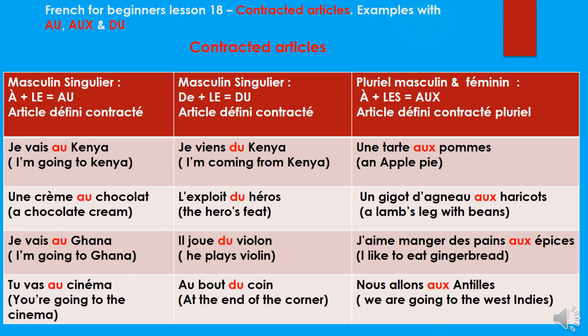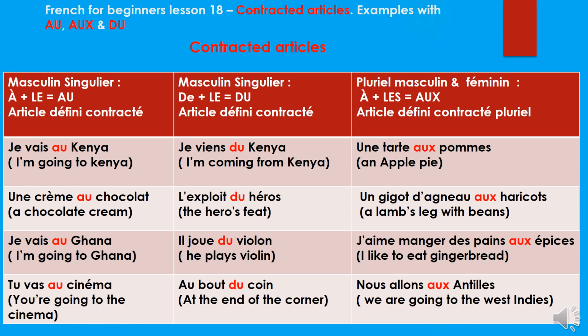Now let's go to the next sentence. L'exploit du héros. So hero's feat. I hope most of you know what it means, feat. If you don't know, try and look it up in the dictionary so that you can know that sense. And hero's feat. The hero's feat. Actually, l'exploit means the feat.